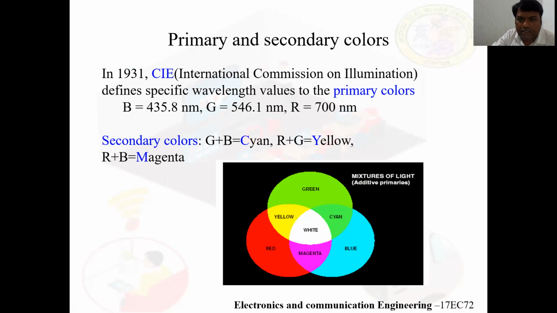The secondary colors are mixtures of these primary colors. Green plus blue, you get cyan. Red plus green, you get yellow. Red plus blue, you get magenta. A mixture of all these colors gives white.